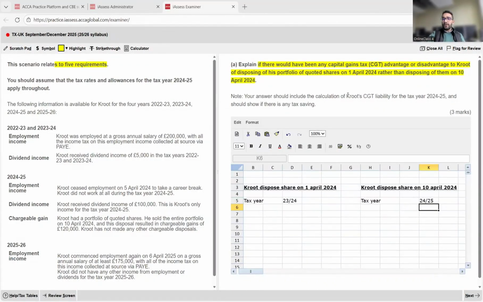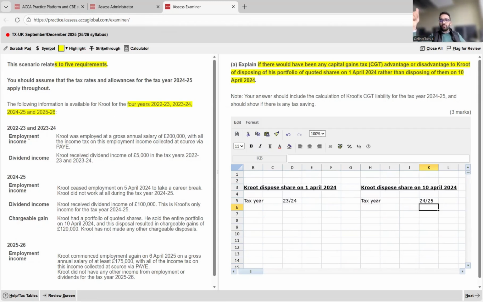The following information is available for the 4 years from 2023 to 2024 and so on. They have given data for 4 years.